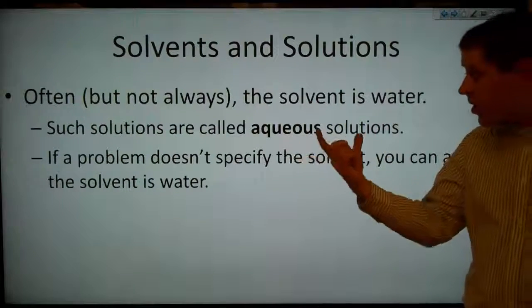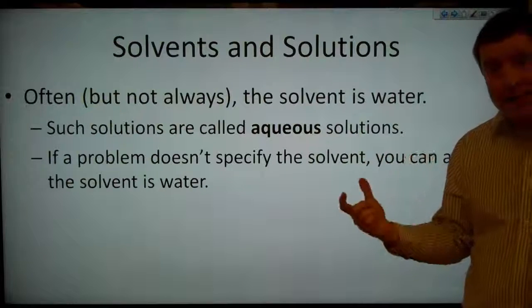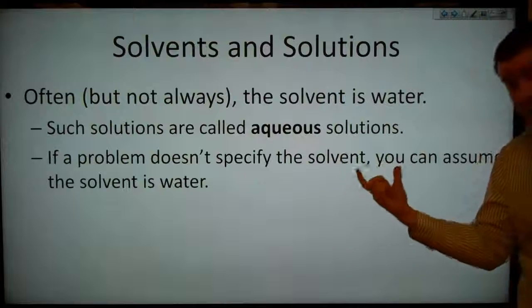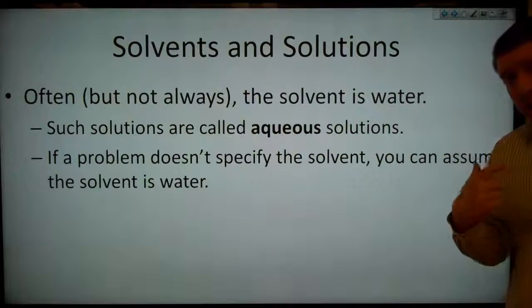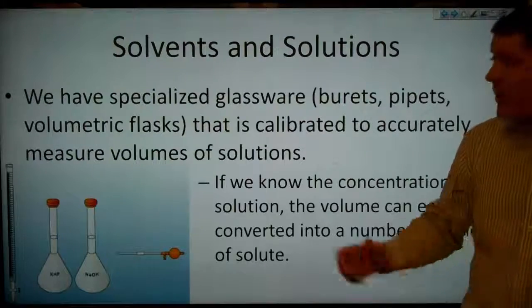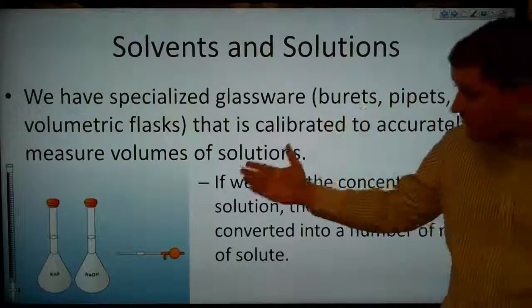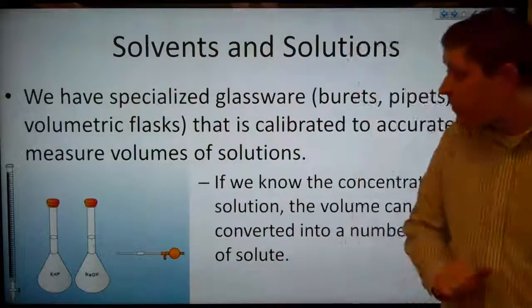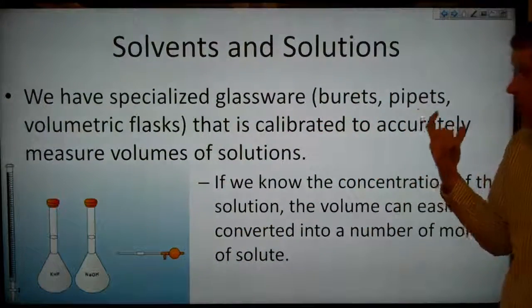And such solutions are called aqueous solutions, from the Latin aqua. And if a problem doesn't specify what the solvent is, then it's safe for you to assume that the solvent is water.